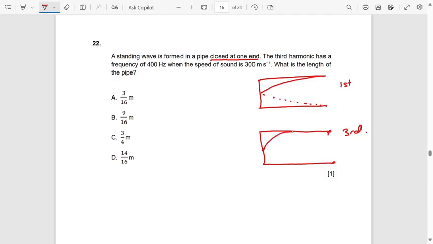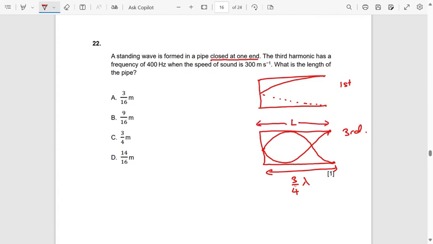Alright, so we're going to go like that. That's better. And then we're going to go like that. Alright, slightly better. The idea is that hopefully now you can see that we've got 3/4 of a wavelength in the length of this pipe, where this is the length of the pipe.